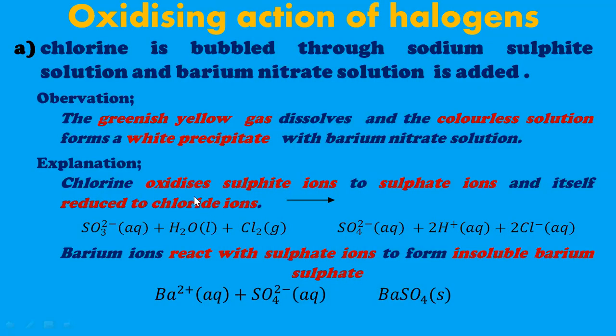So the chemistry here is oxidation reduction. That's what we should be talking about. Then barium ions react with sulfate ions to form insoluble barium sulfate.